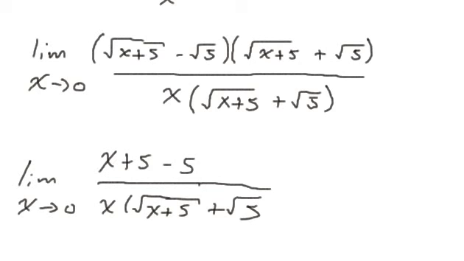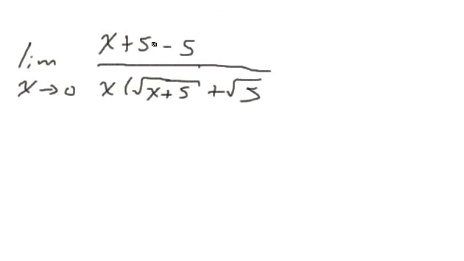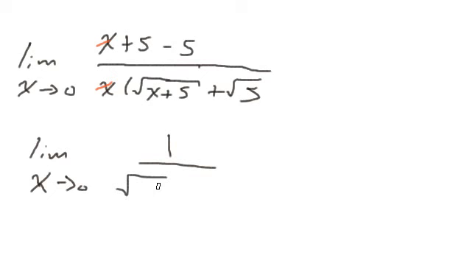Now we can simplify this down some more, and we see that the 5's will cancel out to 0. We're left with an x in the numerator, and so the x's will cancel out, and we end up with this guy right here, 1 over the square root of x plus 5 plus the square root of 5.